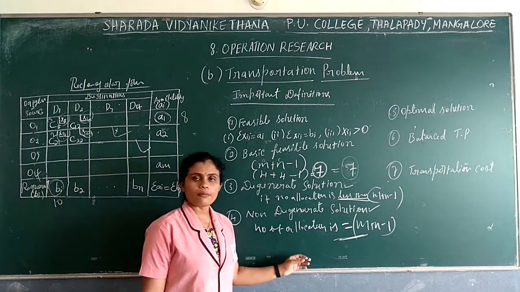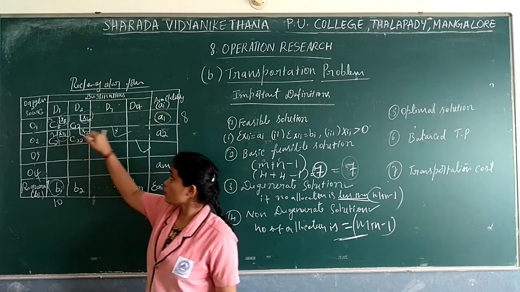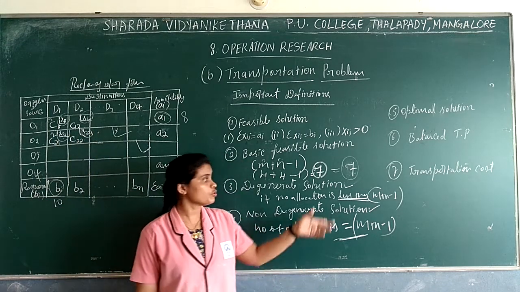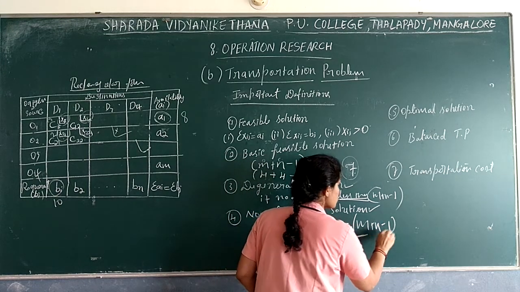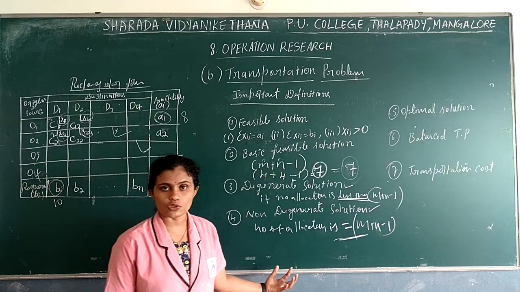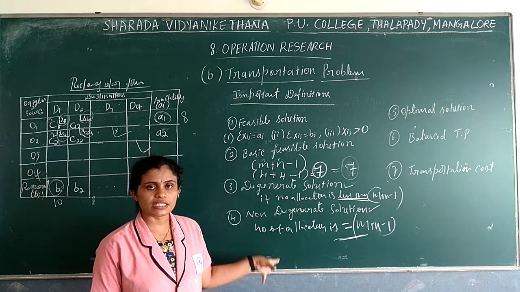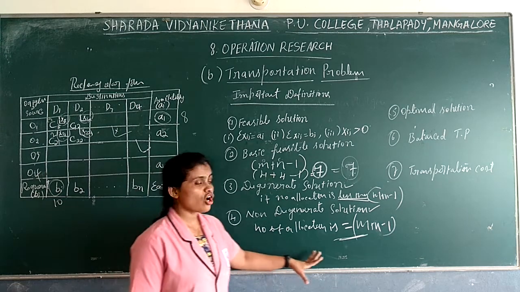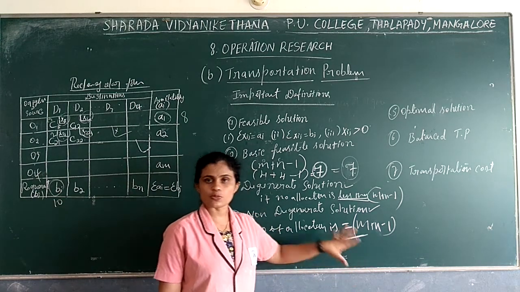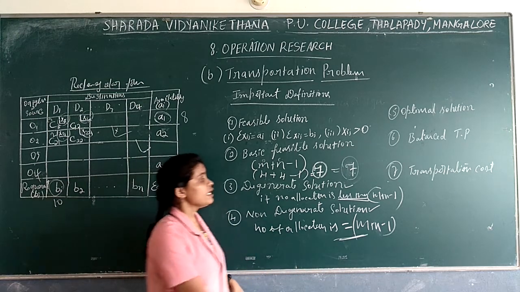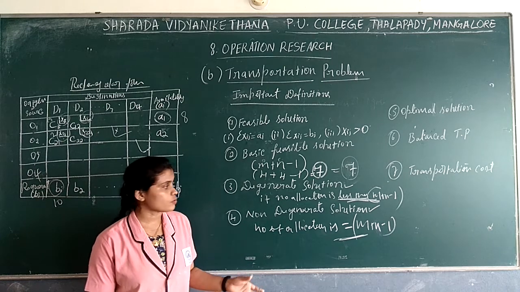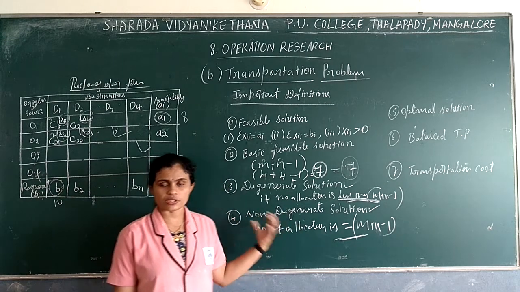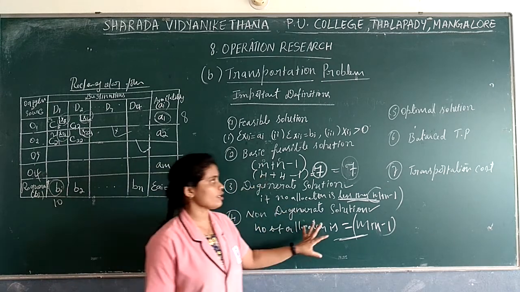So where the number of allocations is equal to m plus n minus 1, we call the given transportation problem non-degenerate. If it is less than m plus n minus 1, then we conclude that the given transportation problem is degenerate.